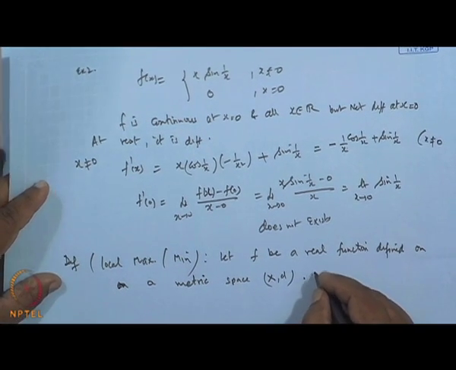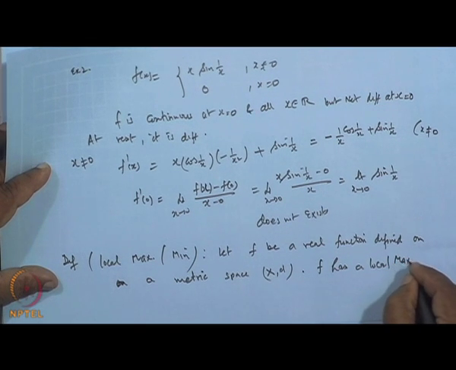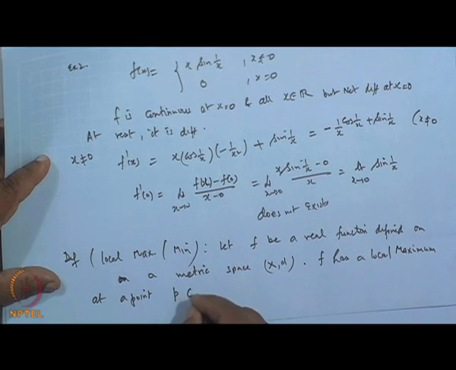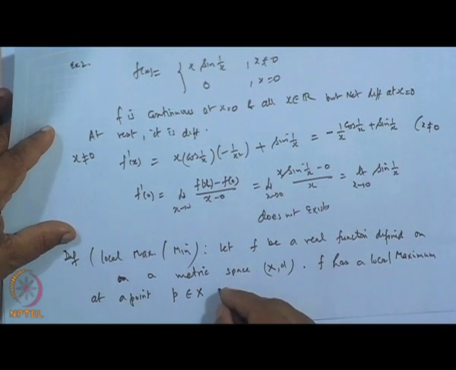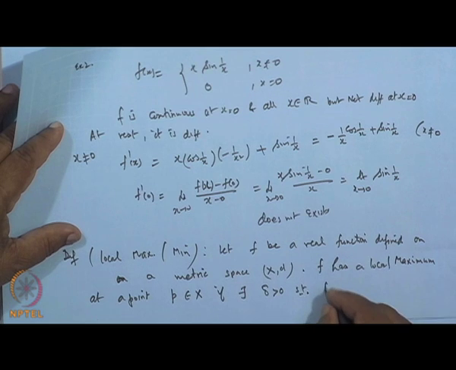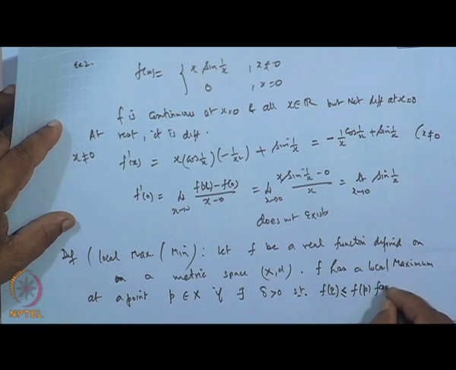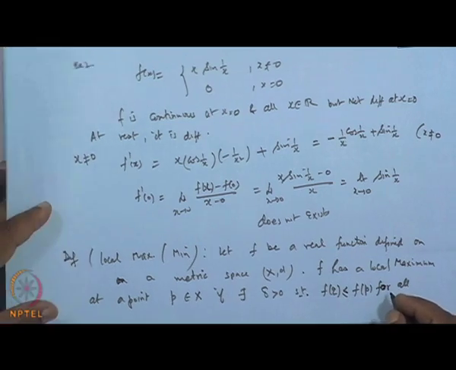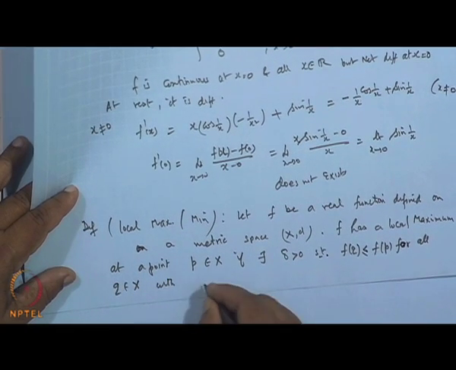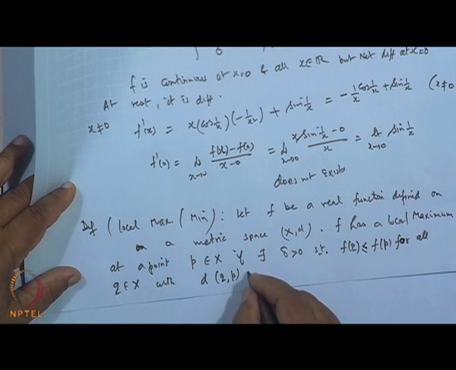We say then f has a local maximum at a point p belonging to capital X if there exists a delta greater than 0 such that f(q) is less than or equal to f(p) for all q belonging to X with the condition that the distance of q and p is less than delta.